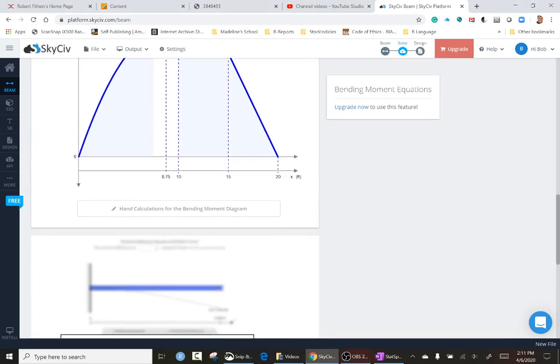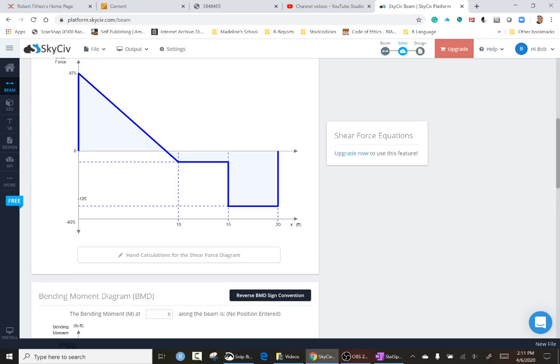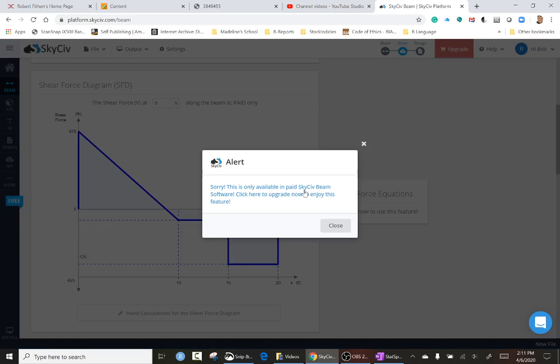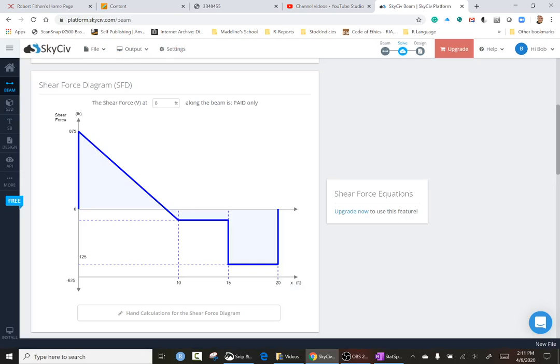But let's take a look at just one particular case. Let's say 8 foot. I have to pay to look at the actual value there, but let's just look right in here at 11 feet.